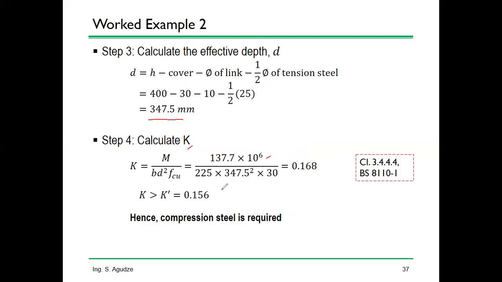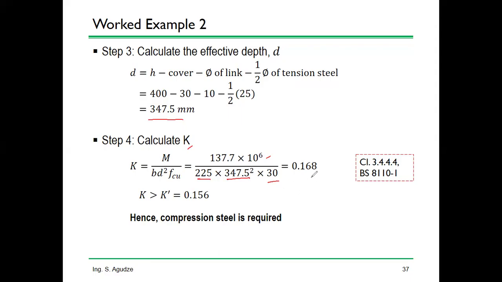Okay, so the B is 225, which is the breadth of our section. The D is what is up here, which should be squared. Some students forget to square. And when you do this kind of gross mistakes, the structure may collapse because factors are not supposed to be taking care of mistakes.